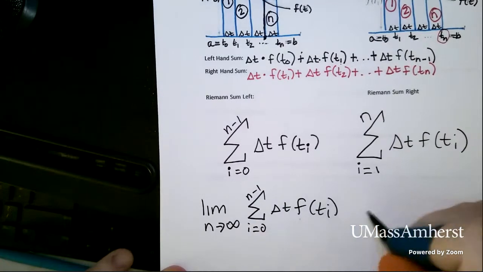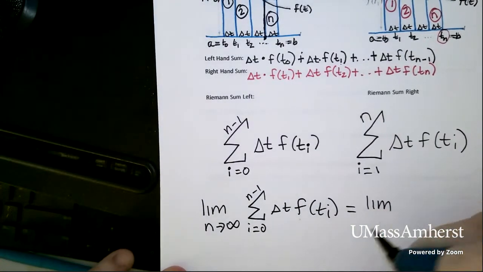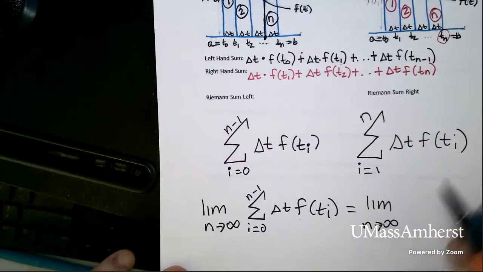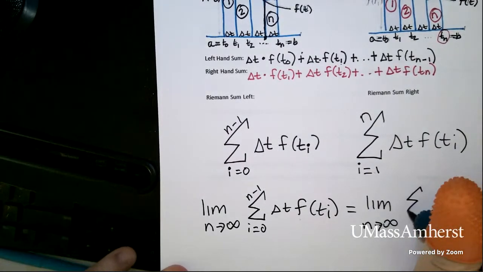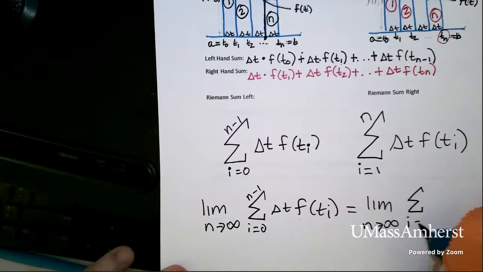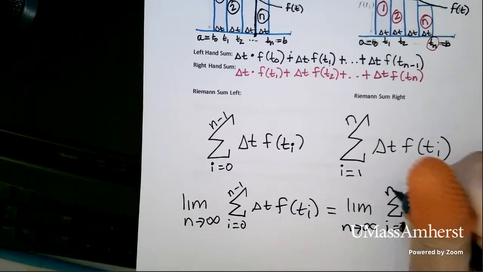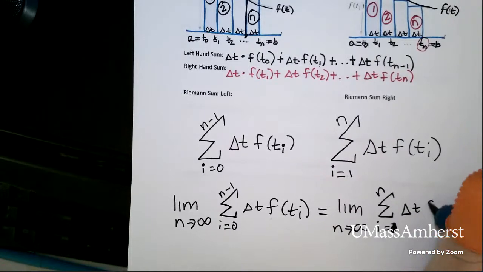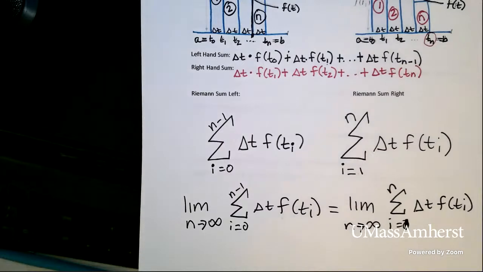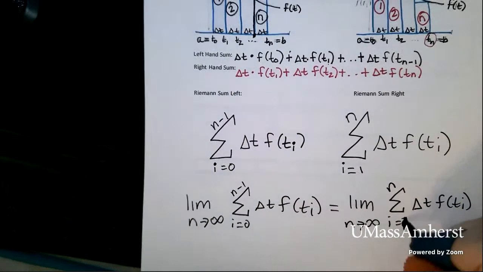will equal the right-hand sum, right? So the overestimate will come down, the underestimate will come up. Oops, this should be a 1. And when that happens, your bounds are the same. This is a 1.